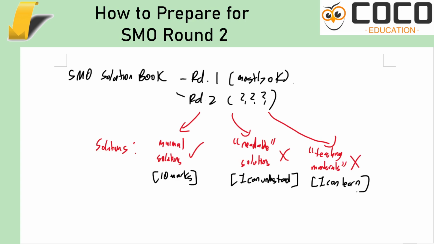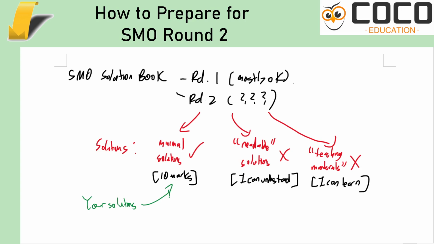When you're writing the SMO solution book, just like most Olympiads, the solutions are written in a way that justifies that the question setter was not wrong. It is not meant to help you understand. Now, the same thing should apply for your solution writing.